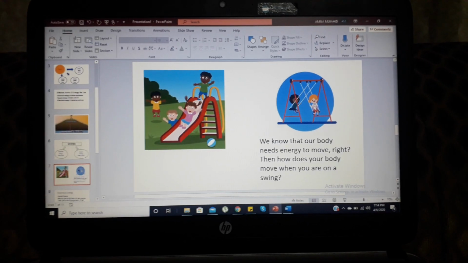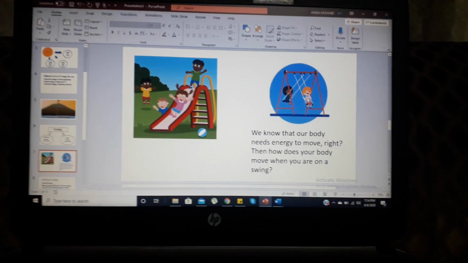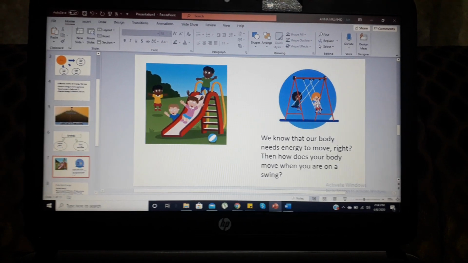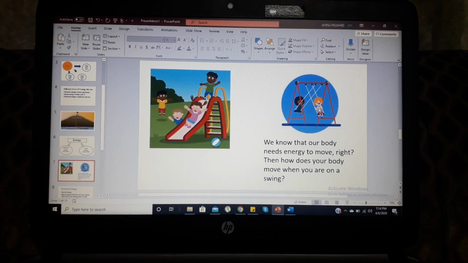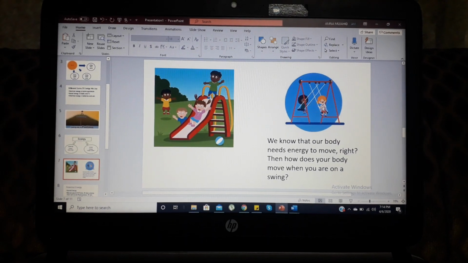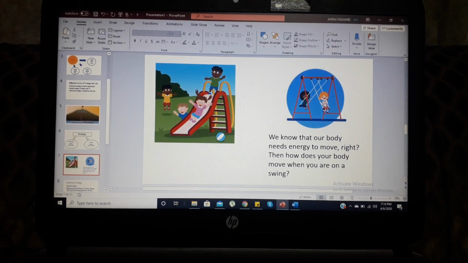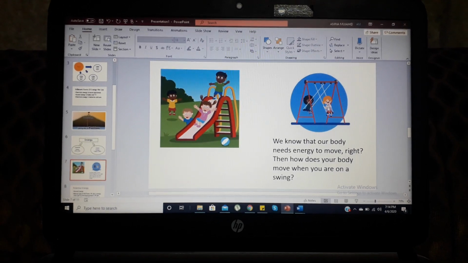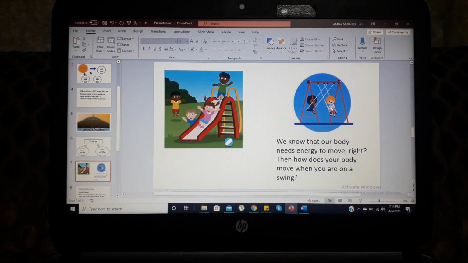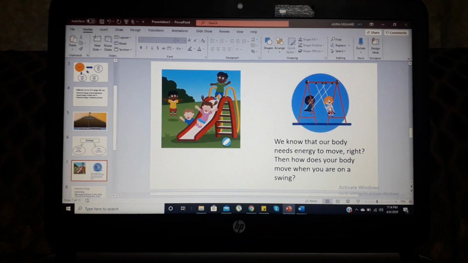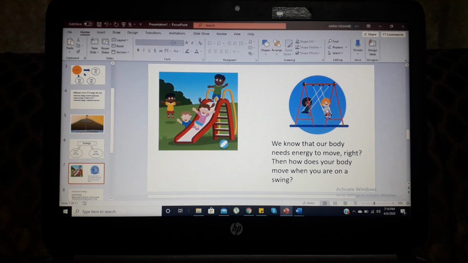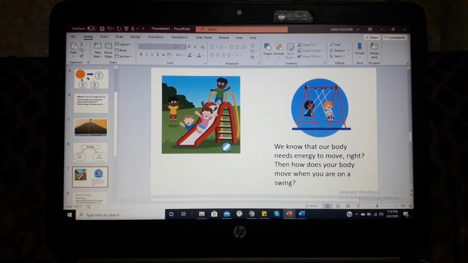Now we know that for a body to move, it needs energy, right? But while you're on the swing, you are sitting still. Where does that energy come from? That energy is coming from the potential energy which got stored in your body.